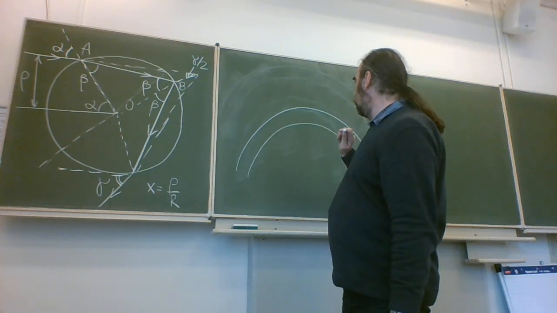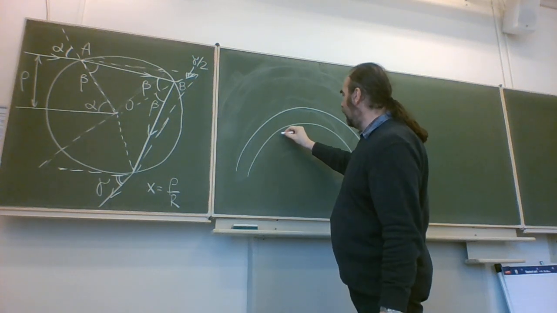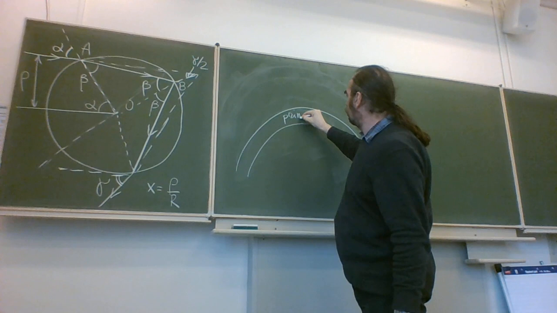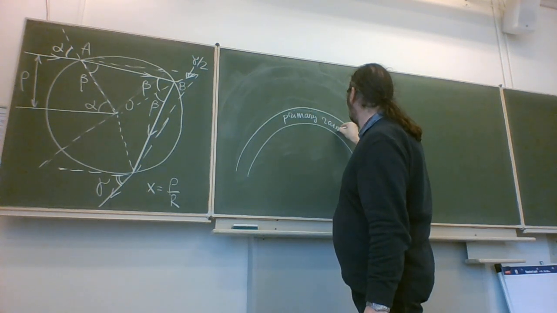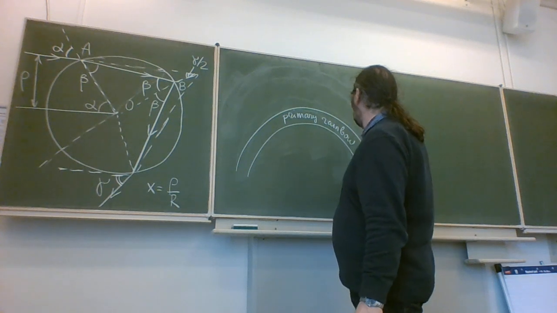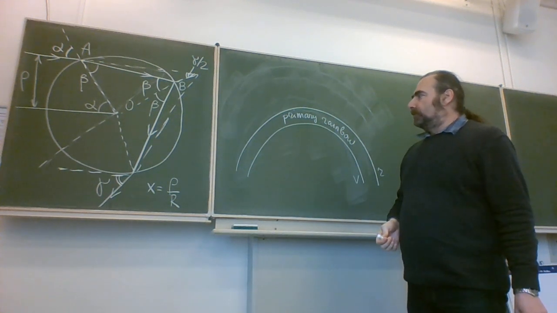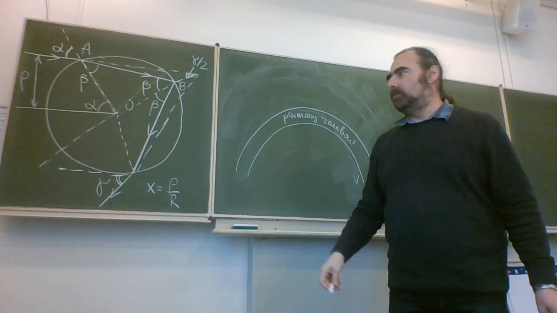Now, the third fact which we need, this is called the primary rainbow. That you have seen a lot of times. You probably have also seen a secondary rainbow.